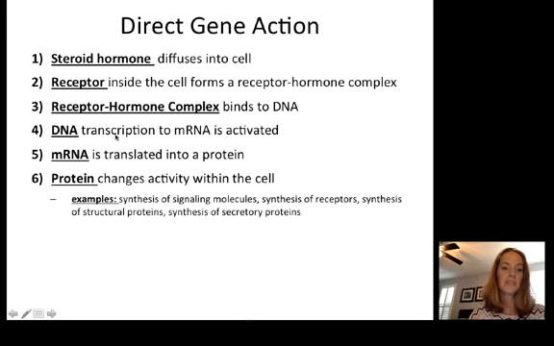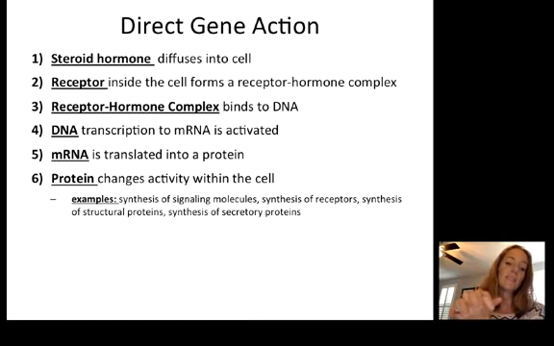What is transcription? Transcription is converting DNA to mRNA. You guys should remember this from our DNA lectures. Once we have mRNA, mRNA will leave the nucleus and be translated into proteins within the cell. So rather than having protein kinases that are phosphorylating proteins already made in the cell, which is what happens with second messenger systems, direct gene action can actually make new proteins.